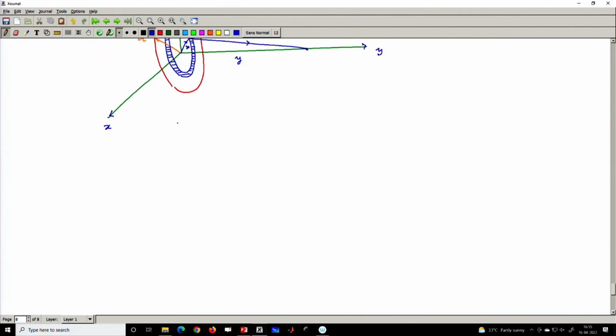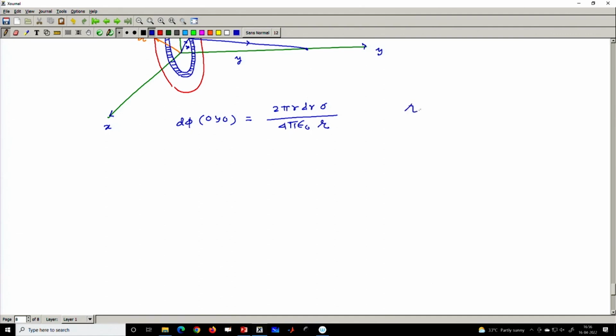So, the d phi at the point 0 y 0 due to the shaded region is 2 pi r dr, where dr is the thickness, times the surface charge density, that is the total charge, divided by 4 pi epsilon 0 and the distance.